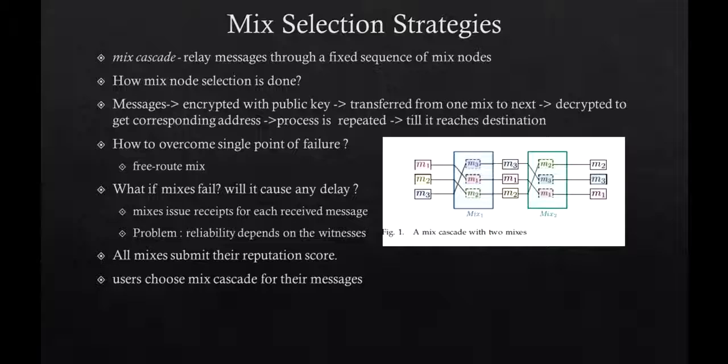Messages are successively encrypted with public key of each mix in the cascade. When it is transferred from one mix to the next as shown in the diagram, the current mix decrypts and obtains the corresponding address of the next destination. This happens until the message is sent to the destination.